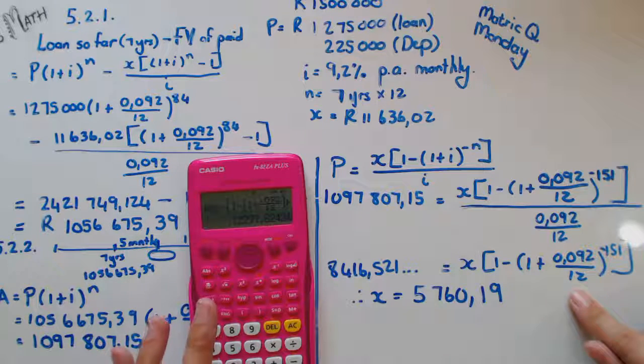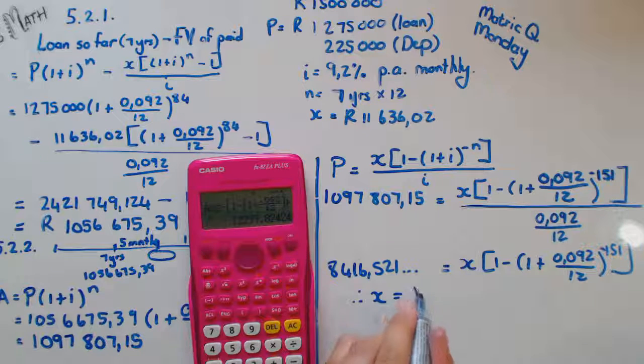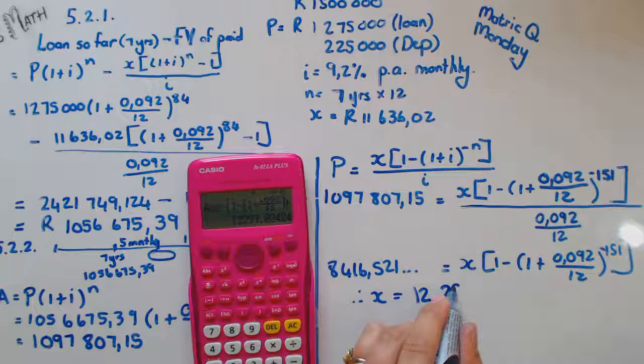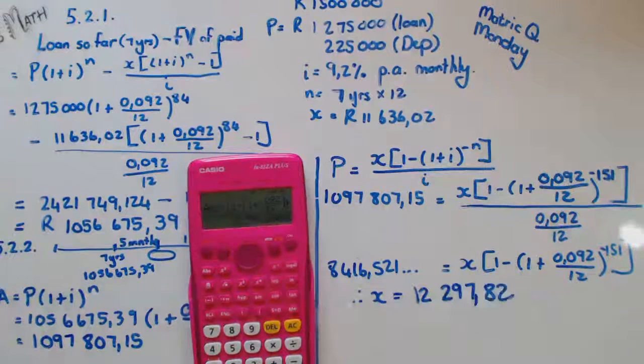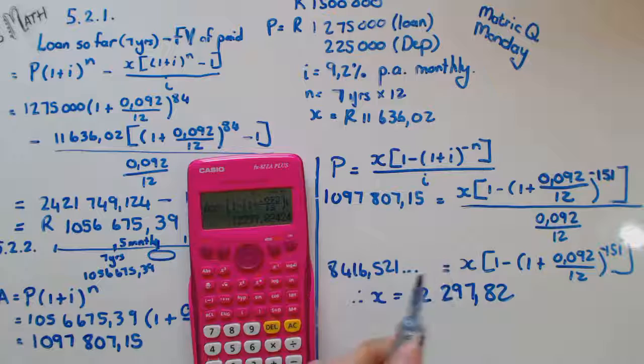Close the second bracket. There it is. For some reason it didn't work. Sorry about that. 29782. Right. So there is my final answer. That looks better, because obviously the amount is going to be more.